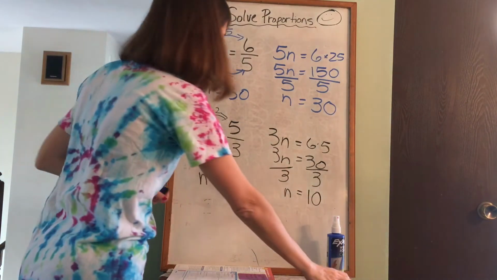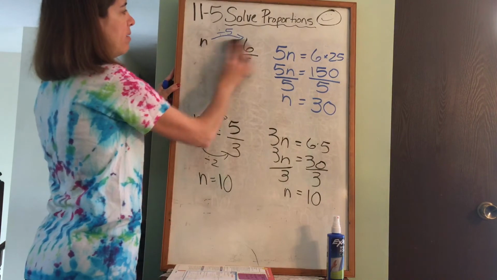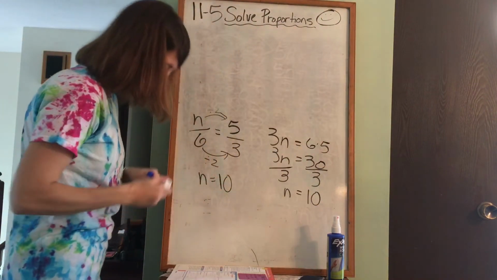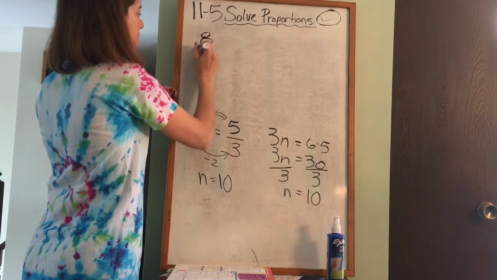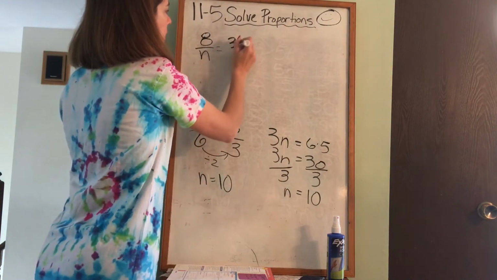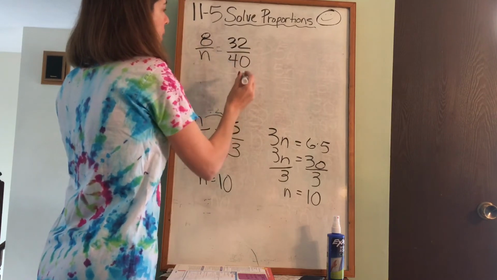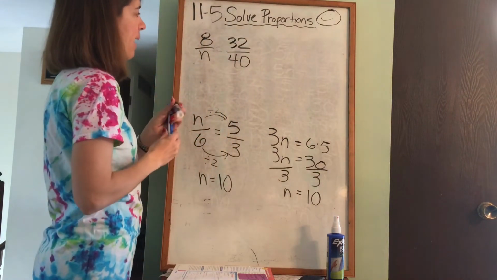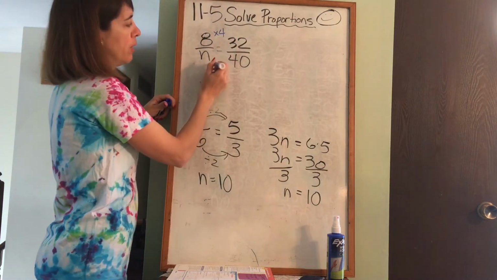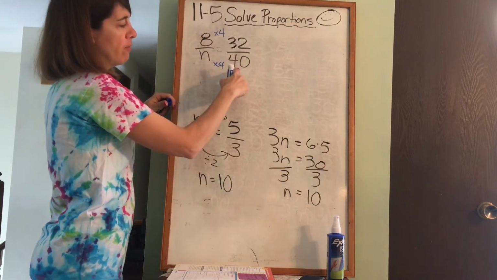One more, number 2. Let me do a quick erase here. 8 over n equals 32 over 40. So here we can see that 8 times 4 equals 32. So what times 4 would have given us 40?